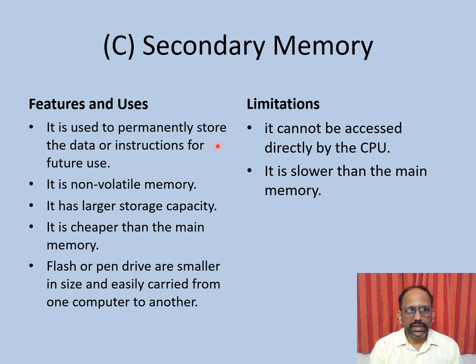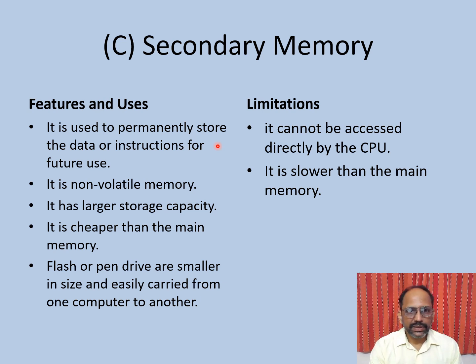All the data and instructions stored in the secondary memory will be securely stored until and unless we erase or change them. We can frequently make suitable changes in the data or instructions stored in the secondary memory. We can also make copies of the data and instructions, and move them from one place to another.